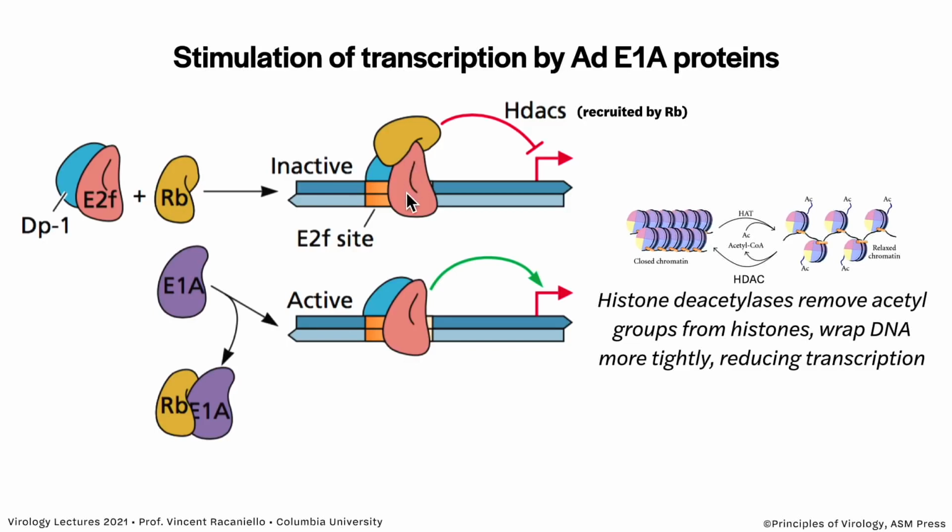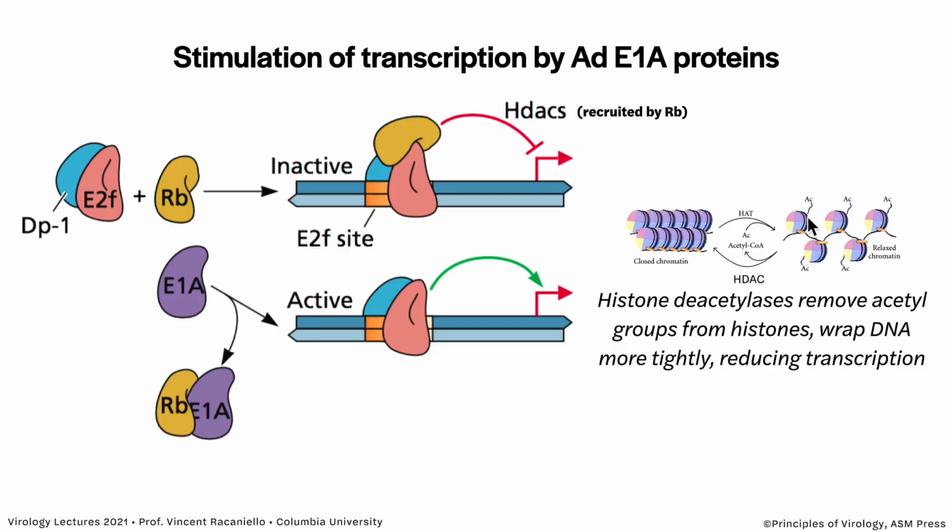And when E2F binds promoters, the promoters are inactive because RB recruits histone deacetylases, HDACs, to the promoter region. HDACs remove acetyl groups from histones. Here's an example of histones, with the protein and the DNA wrapped around it. And the histones are acetylated, right?